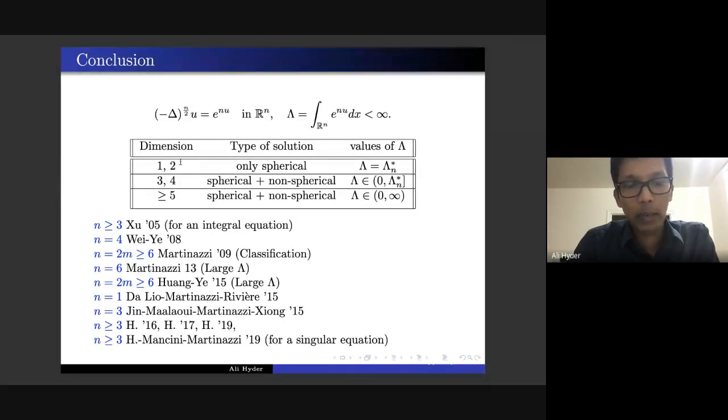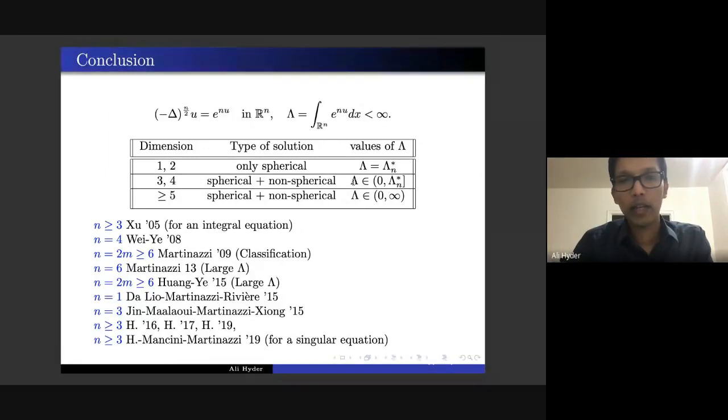What happens in dimension 2 is exactly the same as in dimension 1. What happens in 4 is like 3, and all the other dimensions greater than or equal to 5 are the same. In dimensions 1 and 2 there is only the spherical solution, and the value of lambda was like 4 pi in dimension 1, and for dimension 2 it is like 2 pi or pi, something like that. So it's just one fixed quantity.